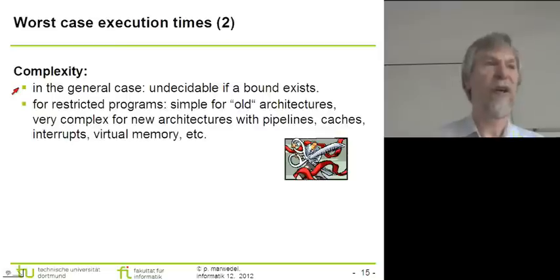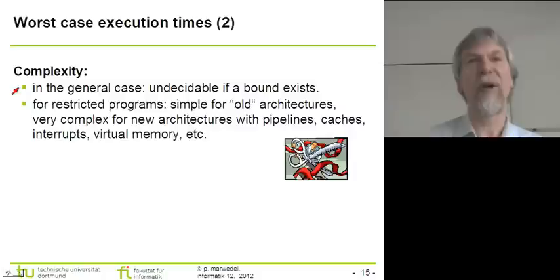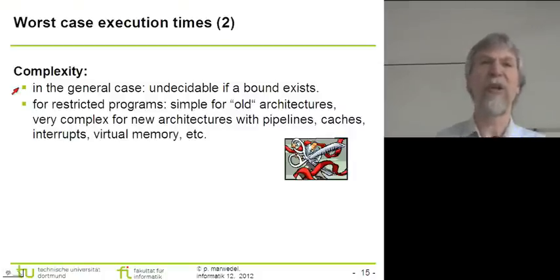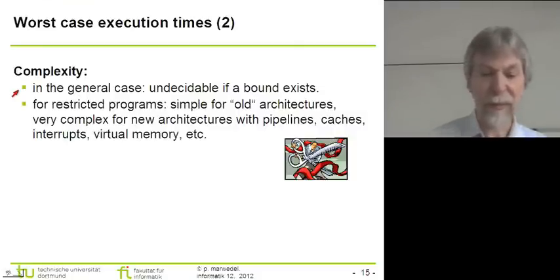From the theory of computability, we know that in the general case the halting problem cannot be decided. That means for a general program we cannot figure out whether or not that program terminates. And if that program does not terminate, it does of course not have any upper bound on the execution time. So therefore, in the general case, that problem is undecidable.